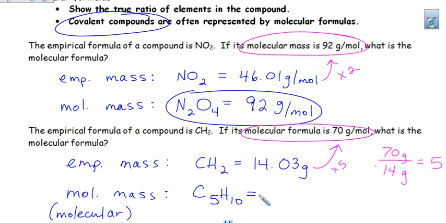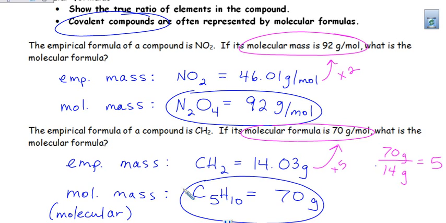And if I double check in my calculator, 5 carbons, 10 hydrogen. Yeah, it is right around 70 grams, give or take a few decimal spots. That is my final answer. C5H10 is a molecular formula. It's a larger ratio of the little empirical formula.